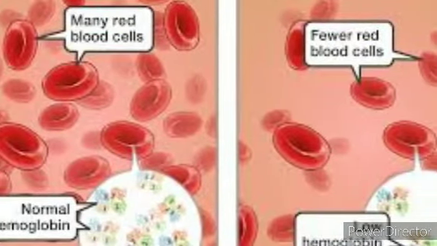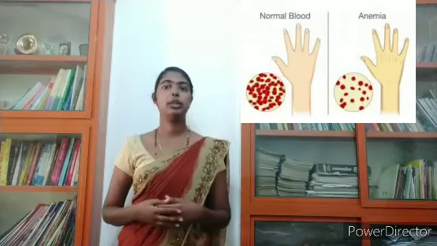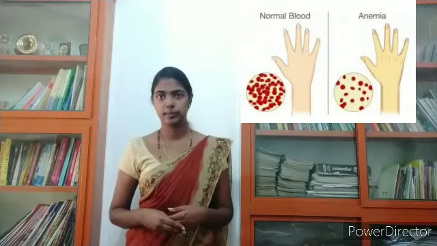I think you are familiar with the term anemia. Do you know what is anemia? Yes, anemia is the condition where there is a lack of hemoglobin in the blood.